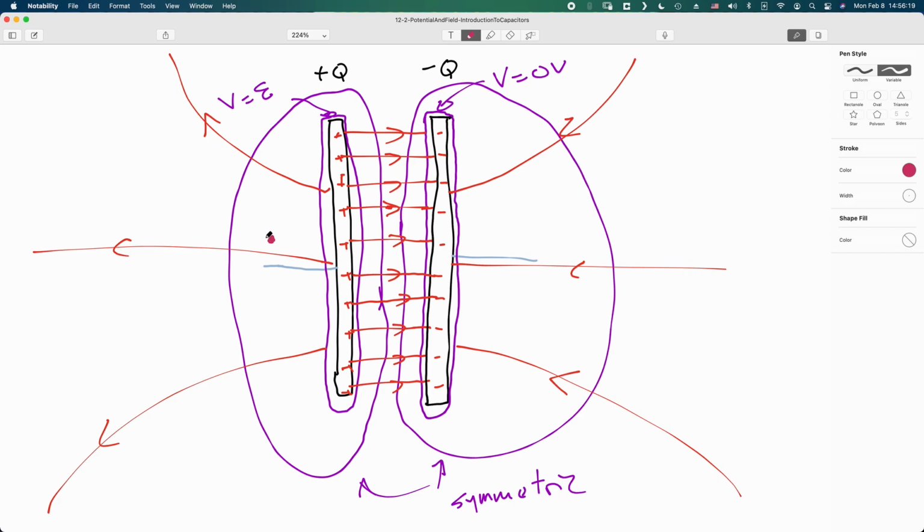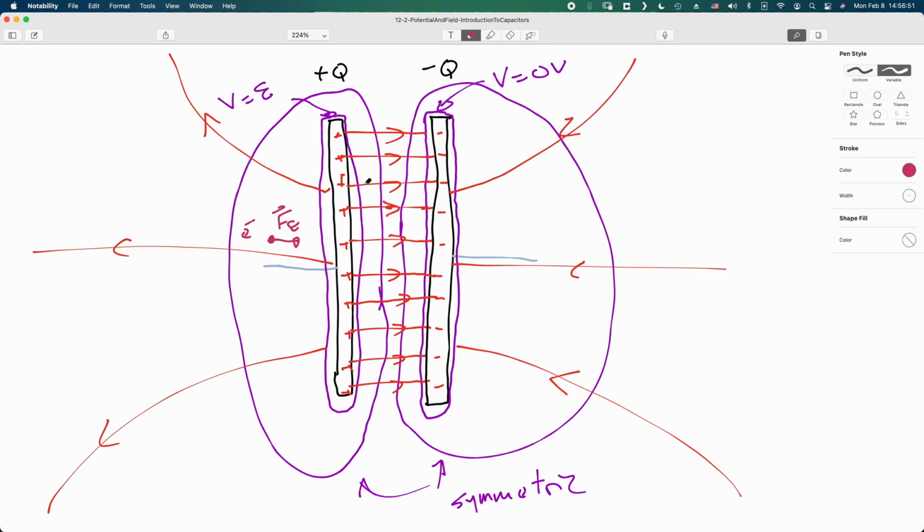So the battery is trying to pull the electron off of this plate, and it'll move it all the way around through the battery and then try to shove it onto this plate over here. But let's think about the electric force here. The electric field is pointing to the left, so which way is our electron going to be feeling an electric force? Yeah, to the right.